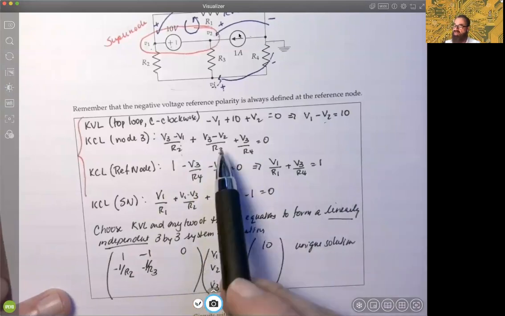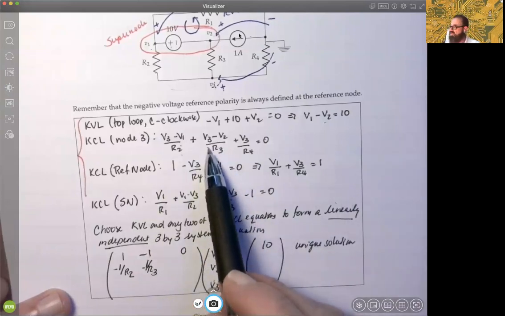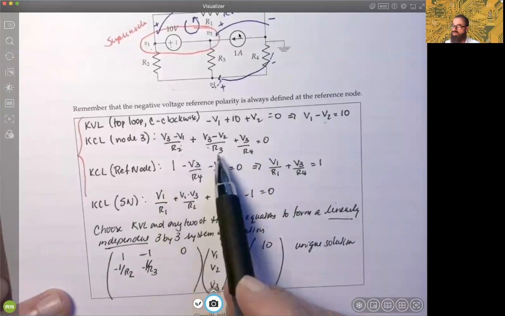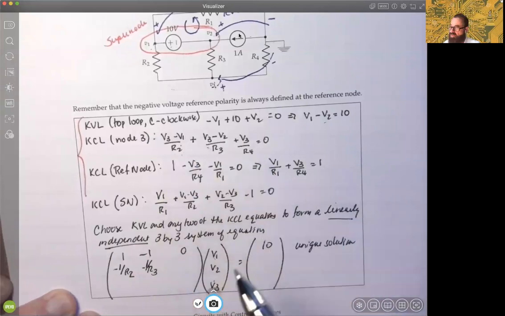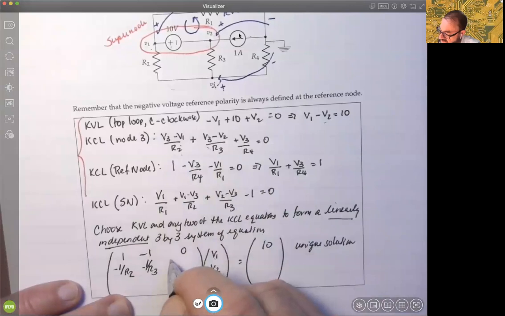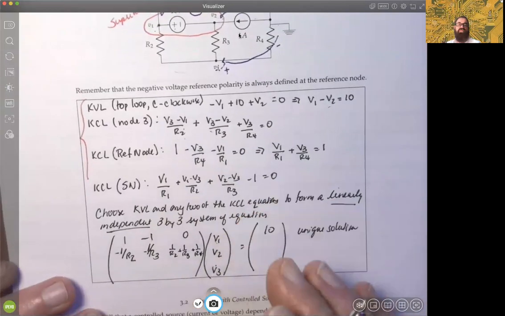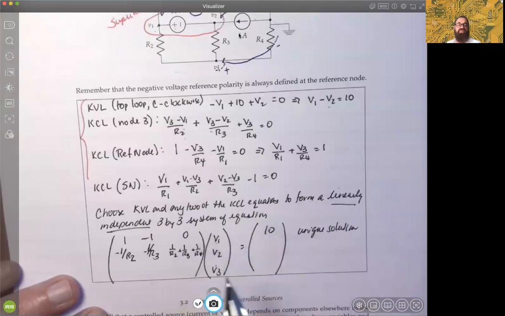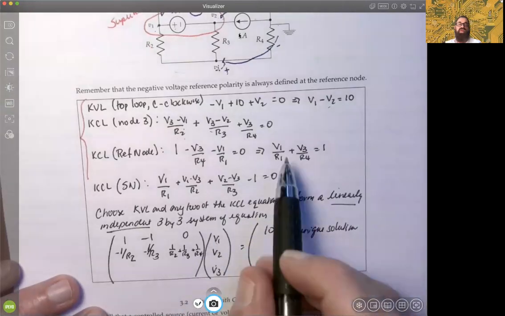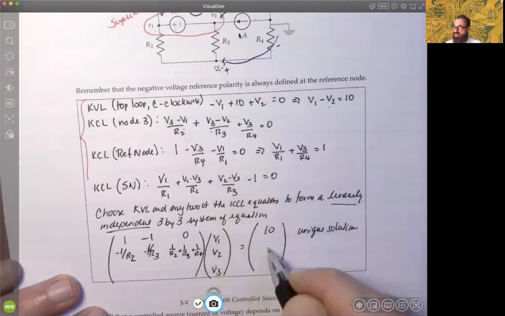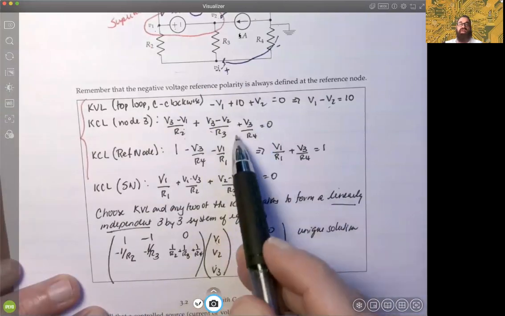And then finally for V3, there are 3 terms, 1 over R2, 1 over R3, and 1 over R4. So be careful here how we write this. 1 over R2 plus 1 over R3 plus 1 over R4. Sum of 3 terms there. And then the right-hand side would have to be 0. There's no other value here, okay?